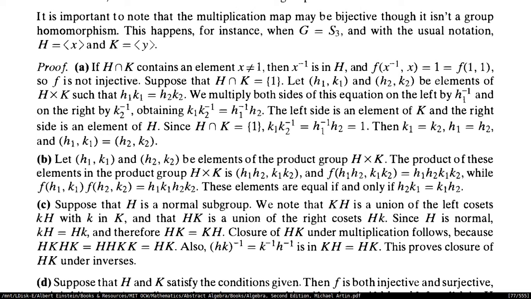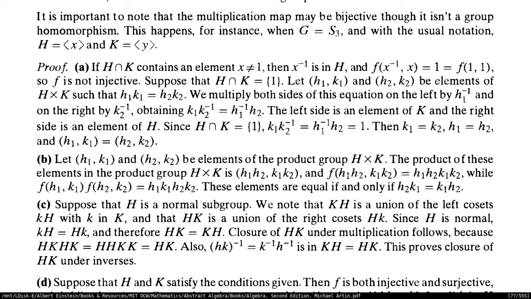But since H is normal, your left and right cosets are the same, so KH is equal to HK, in the sense that they are the same set. So it doesn't really matter where you multiply K and H.